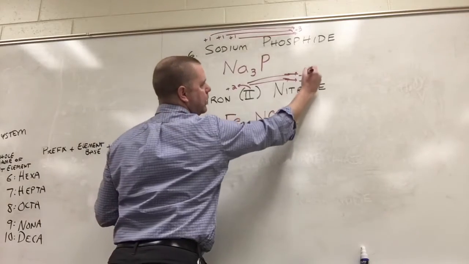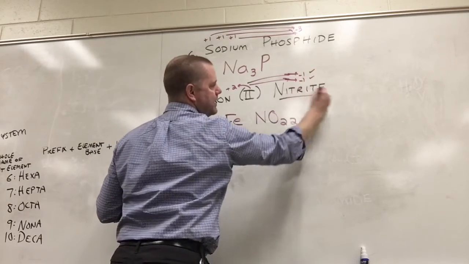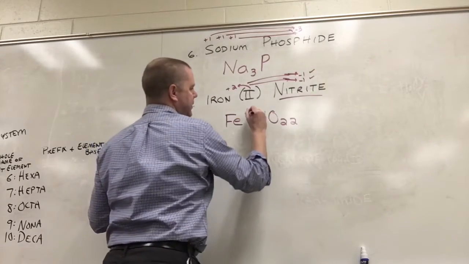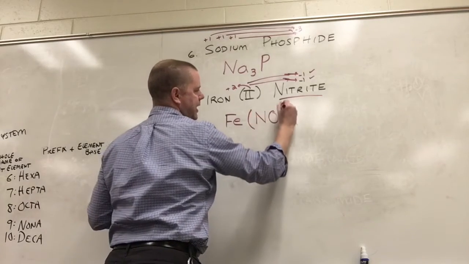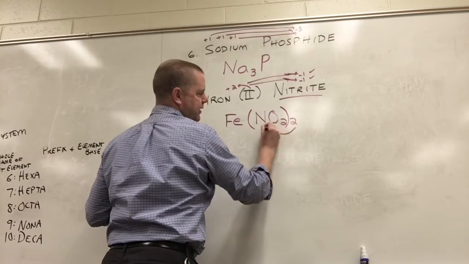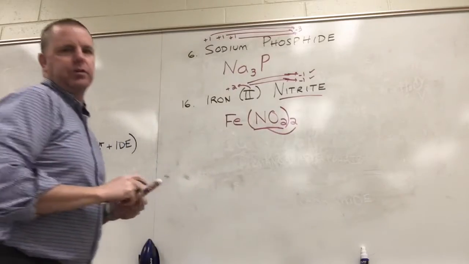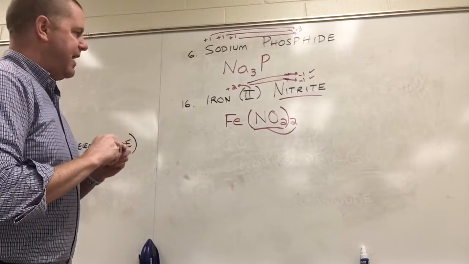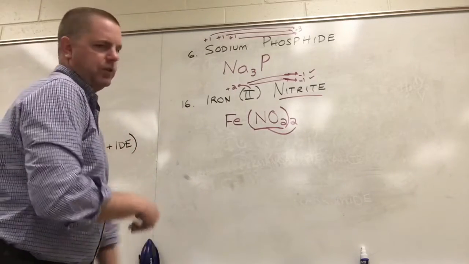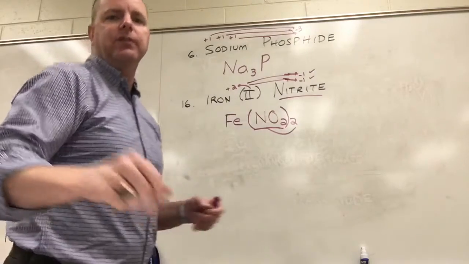And we need 1, 2 nitrites, don't we? So how do we ensure that? What we do is put parentheses, and now this gives us 2 NO2s. And so this is Fe(NO2)2. I'd like you to complete the rest of this page. Pause me and do that.